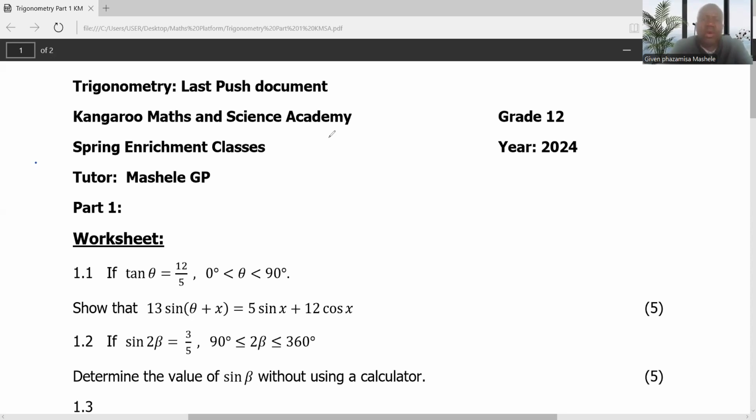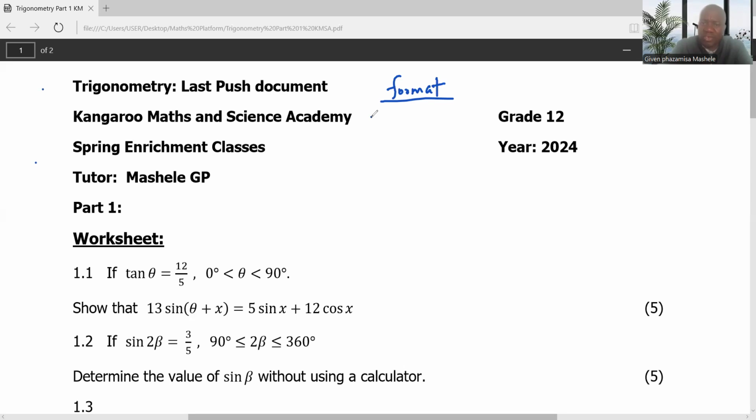Number one, we know in most of the exam papers, the format of the paper for trigonometry looks like this. Usually in trigonometry, they ask 3 questions.